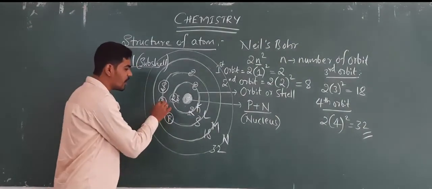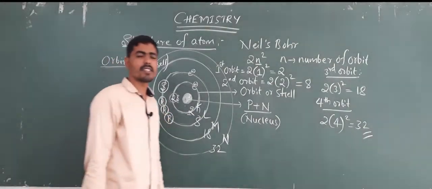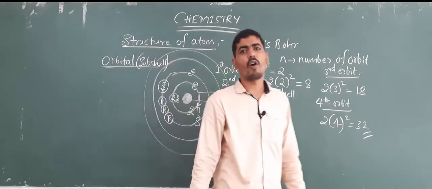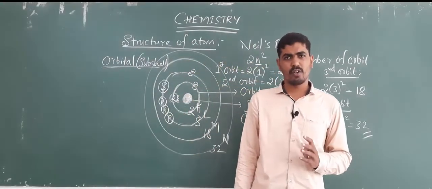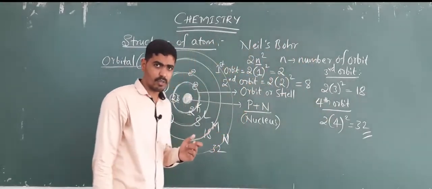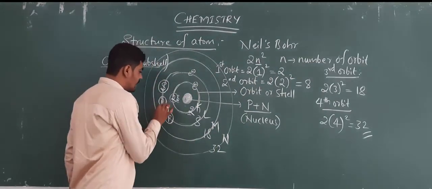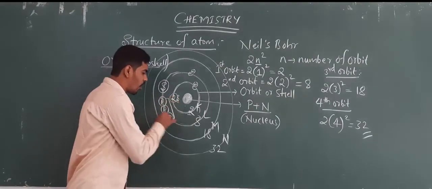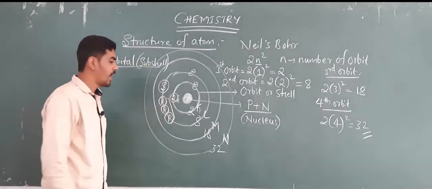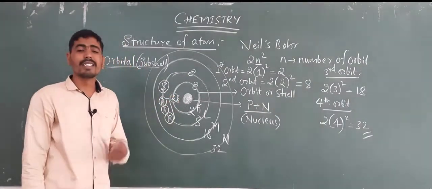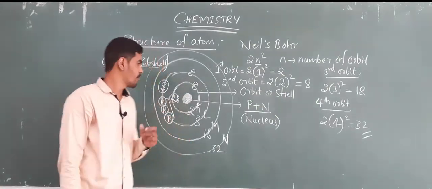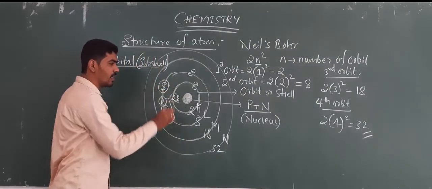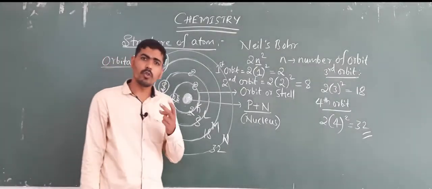Here the p orbital has the maximum capacity of 6 electrons, because it contains 3 orbitals. Okay, 3 p orbitals are present and hence they can hold 6 electrons, and one s orbital can hold 2 electrons.